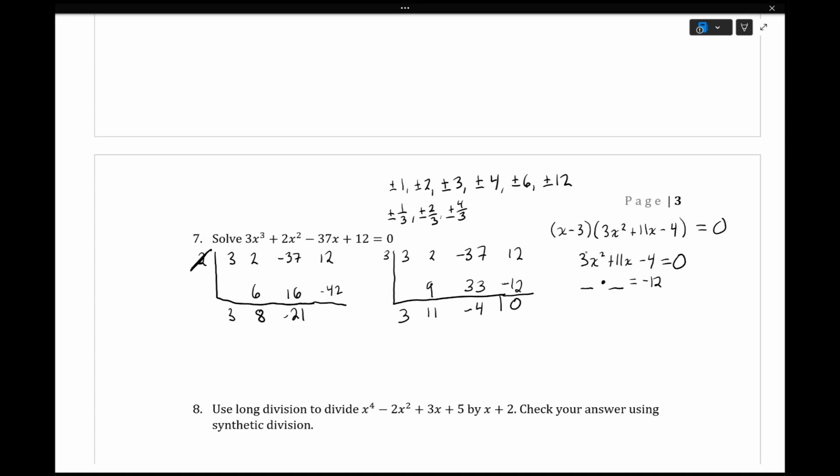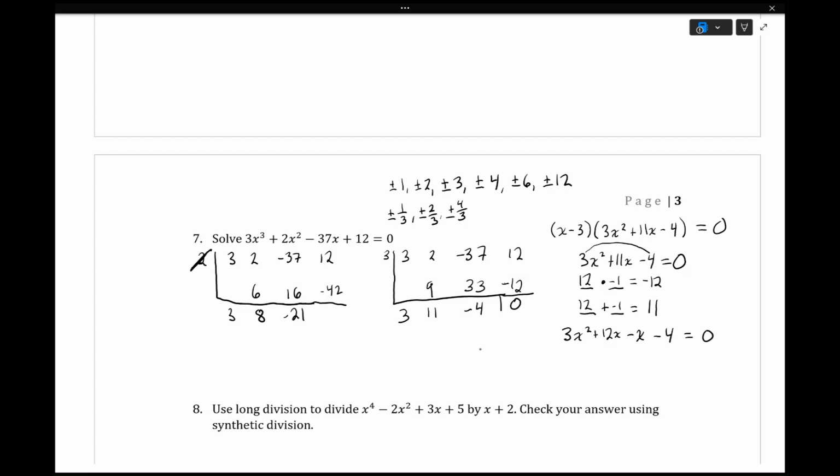So that -12 comes from the product of those two numbers, and that adds to 11. And so those two numbers are going to be 12 and -1. And so that means 3x squared plus 11x minus 4 can be written as 3x squared plus 12x minus x minus 4.